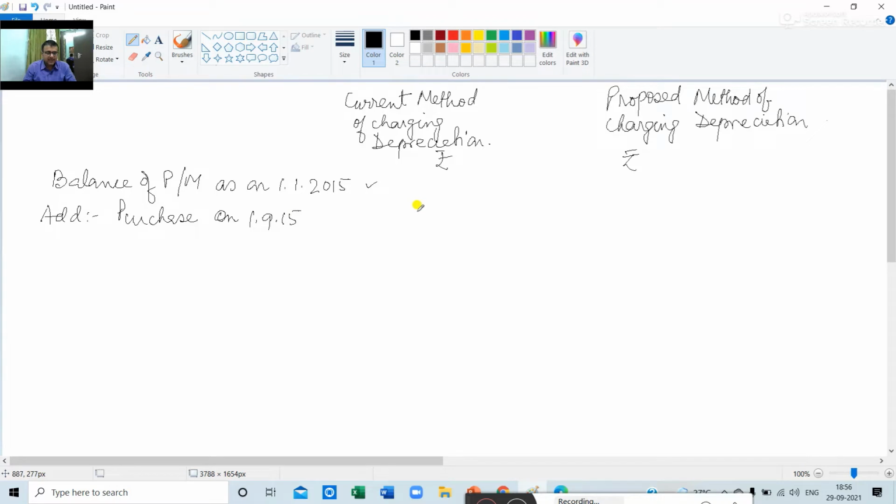So this balance is given as 16,800. So there will be an outstanding figure, and this is the balance before charging depreciation.